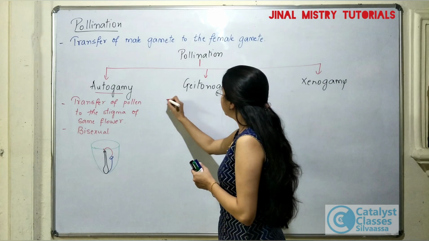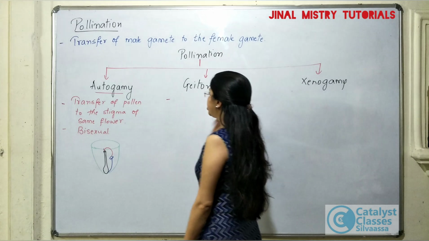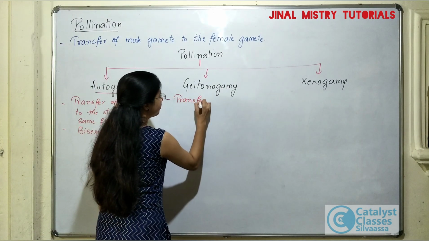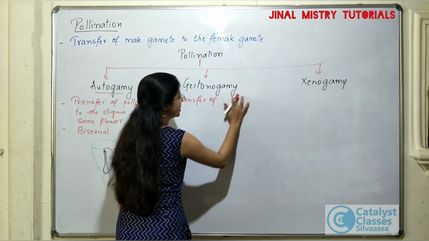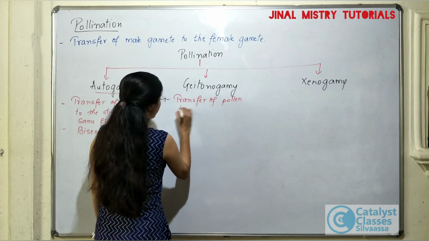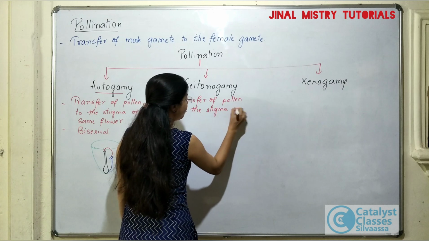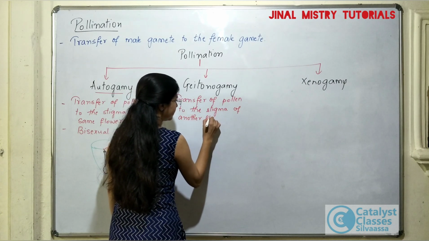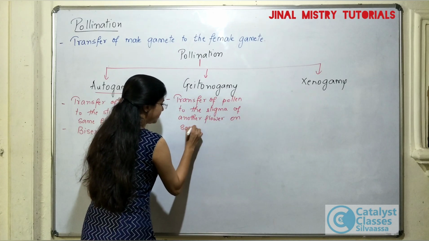The second type of pollination is heterogamy. What happens here is transfer of male gamete, or basically the pollen, to the stigma of another flower on the same plant.